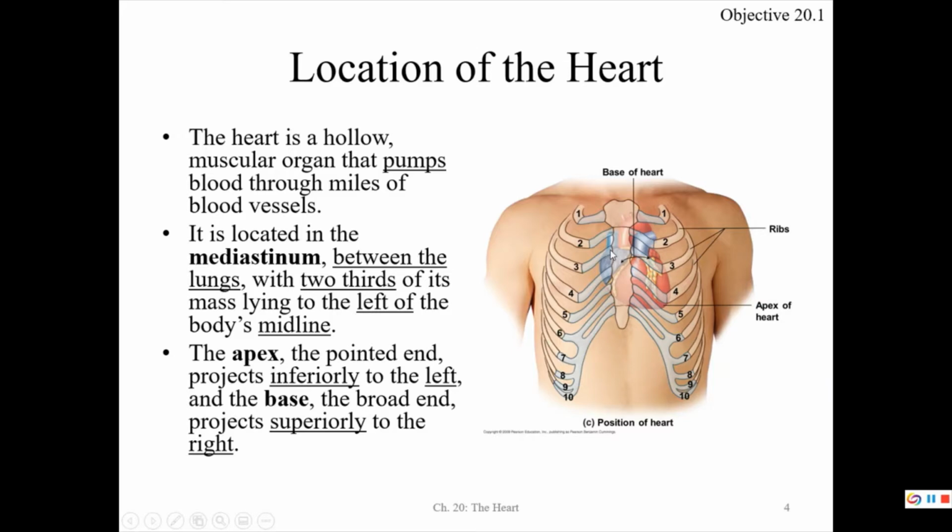Development plays a huge role in that, but one thing I frequently talk about is that because of this, the right ventricle, which is thinner and lower pressure, is facing forward, rather than the higher pressure left ventricle.